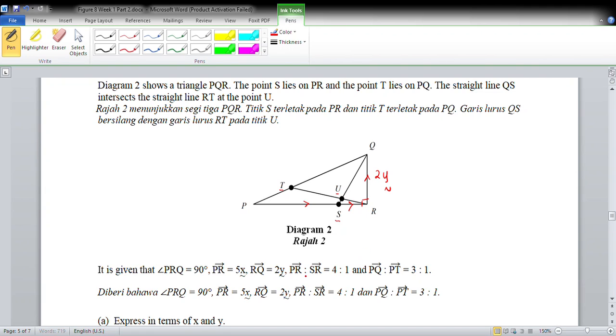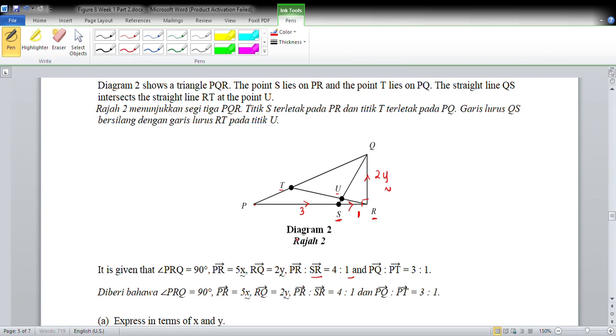The ratio of PR to SR is 4:1. So PR is the long vector from here to here, right? And then SR is from here to here. So if SR is 1, that means this is one part. And then PR is 4 parts, meaning here is 3 parts, right?